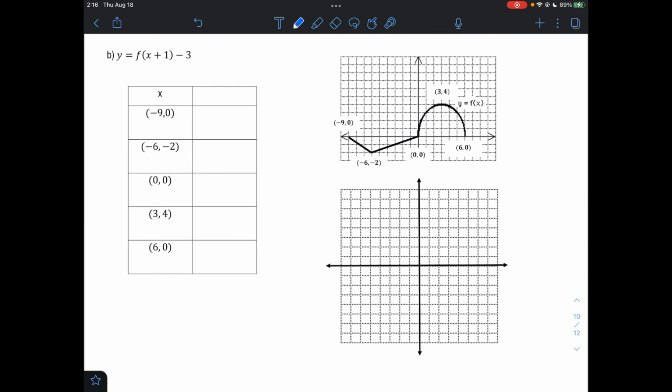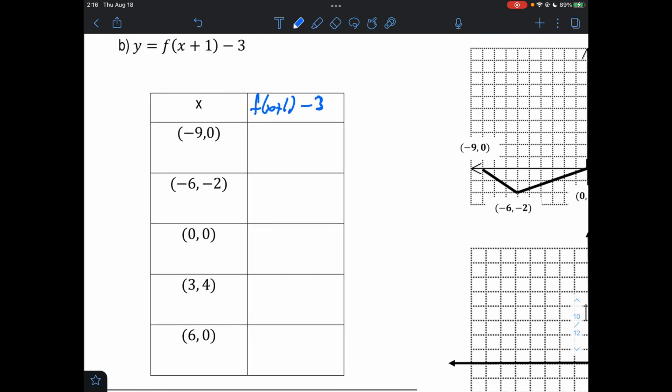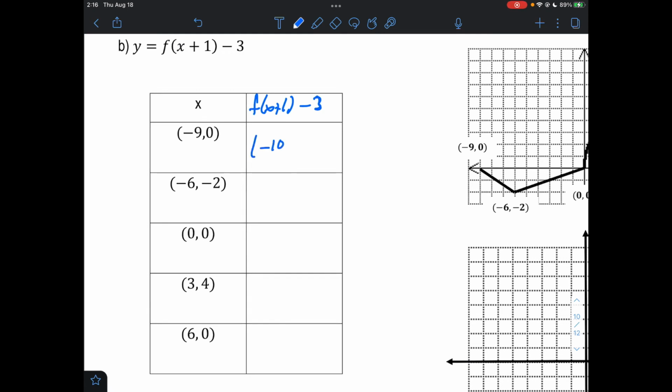Okay, part B. So now we're going to shift left 1 and down 3. So our points are going to be -10, -3, -7, -5, -1, -3, 2, 1, and 5, -3.